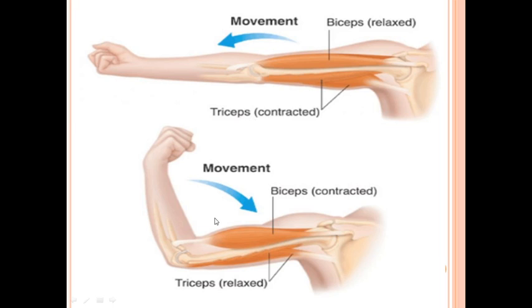And opposite to that, when we are doing this kind of movement, then our biceps are contracted and the triceps are relaxed. The upper part is biceps and the lower part is triceps. So you only have to learn in which movement your biceps and triceps are contracted and relaxed.